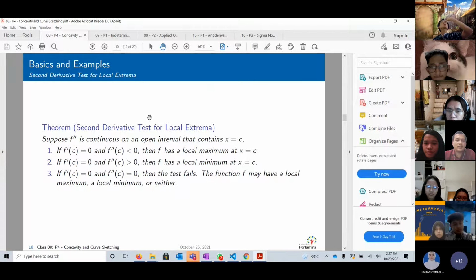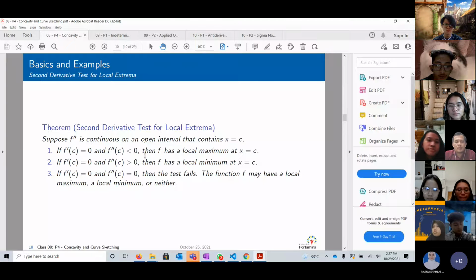This is basically the second derivative test, because we now know about monotonicity, whether the function is increasing or decreasing, and we have concavity. From this information, we can build up the second derivative test for local extrema.